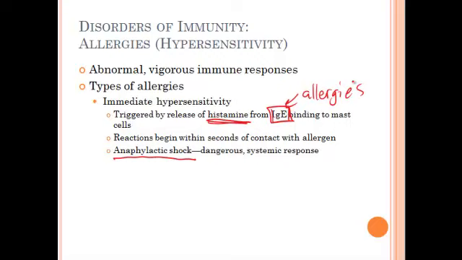And they're causing this reaction, a very fast reaction that is powerful, and it can lead to death. So anaphylactic shock is very dangerous as your body's reacting inappropriately to some sort of antigen.